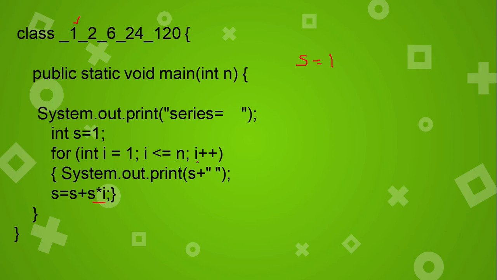Coming over here, i plus plus, it is 2. Remember the value of s we have calculated and kept as 2. i becomes 2, condition i less than or equal to n, it's correct. Now system.out.print s. Next s will be printed, that is already we kept the s as 2.